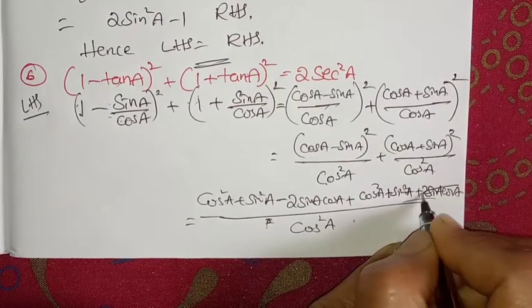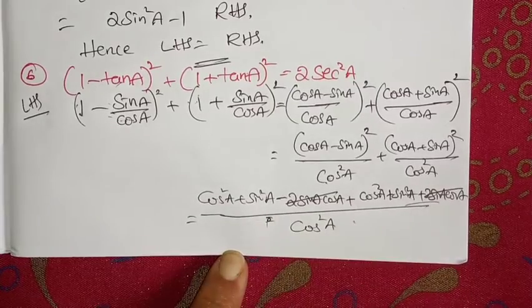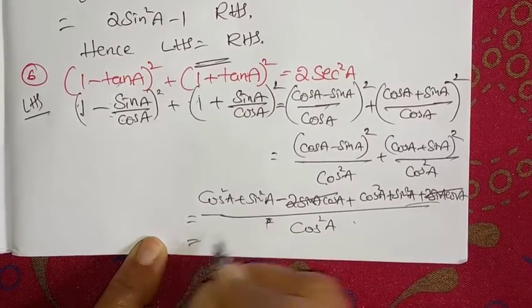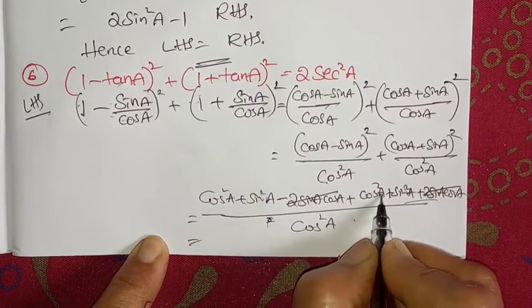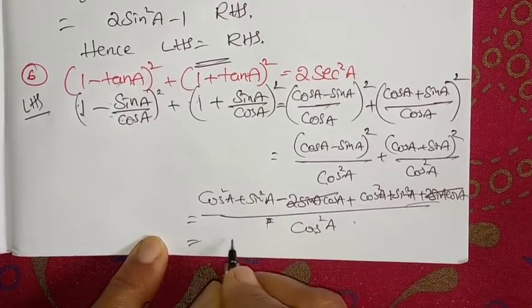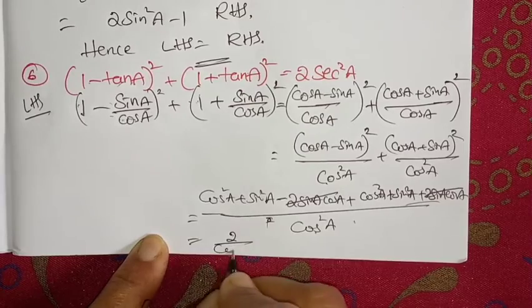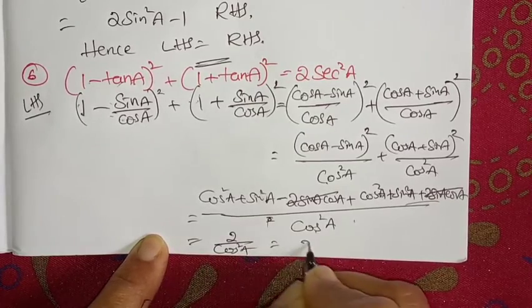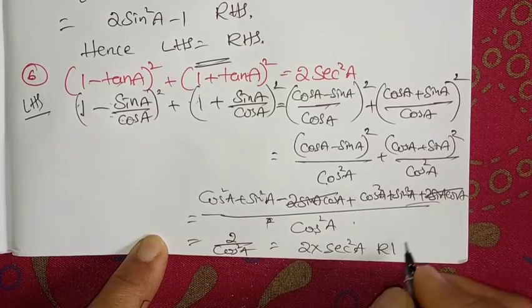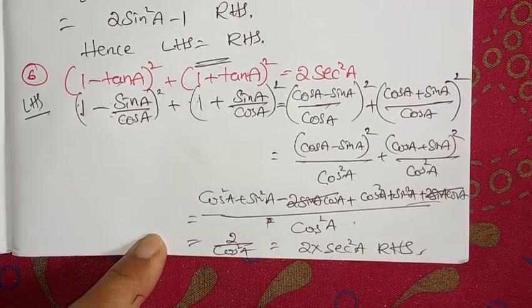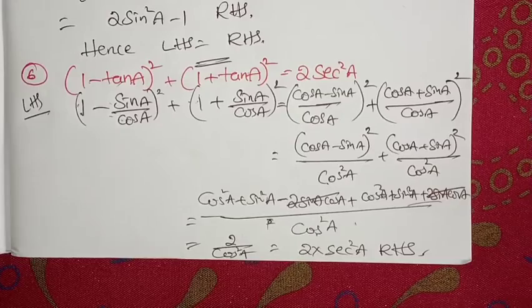The 2 sin a cos a terms cancel. Now this is 1 plus 1, 2. So 2 by cos^2 a, which is equal to 2 sec^2 a. This is the RHS. Children, very simple.